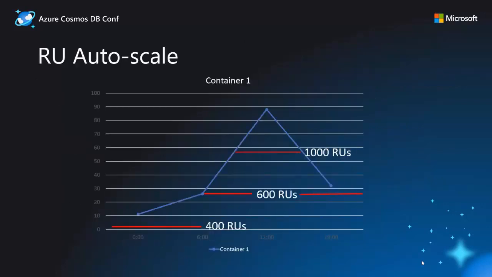So let's see, for example, in this example, let's say we start a collection at 400 RUs, and then as our workload progresses during the day and gets busier, the system automatically pushes us into the 600 RU level. And as it continuously gets busier, the system pushes us into the 1000 RU level. And then we go back down to 600 RUs again as the usage goes down after we go through that midday peak, right?